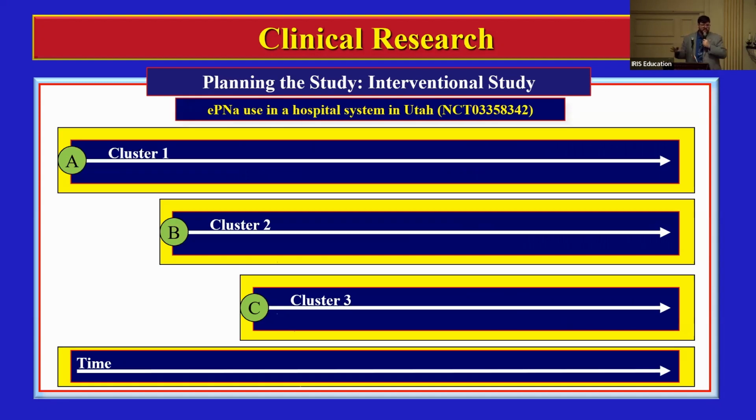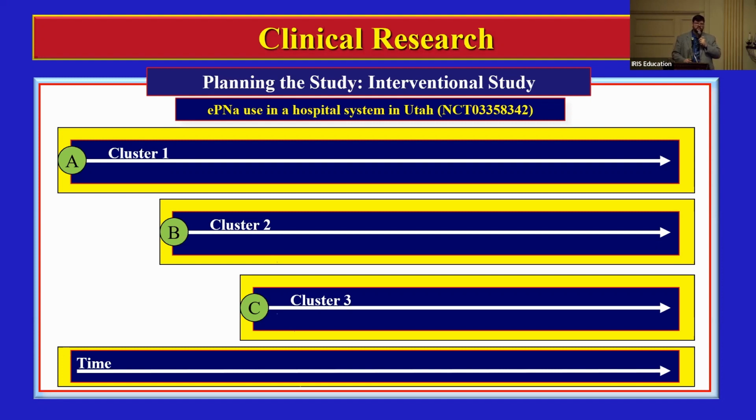An example of a pragmatic clinical trial is in Utah, there's a hospital system, and I have the clinical trials number up there. And we'll also make sure that in the slides, you all have the citations as well. But they have a hospital system that had 6 different clusters where they did a stepped approach where hospitals were given this intervention.